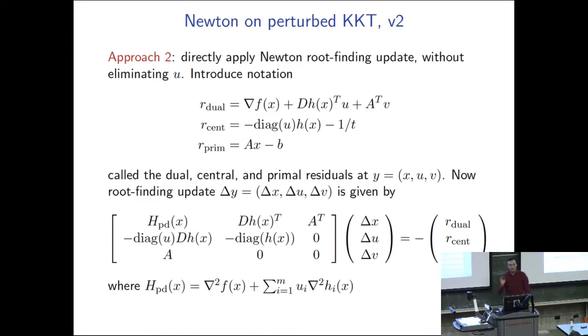We can make sure by backtracking that we can always keep u positive in every coordinate. But we can't ensure that it lies in the domain of the Lagrange dual function. It still may not lie in the domain of the Lagrange dual function, which makes it very difficult to rigorously define a duality gap.